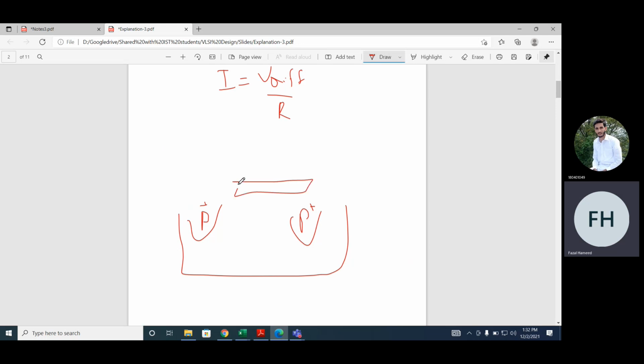And for the gate, V gate, the channel will be formed when V gate is 0 or 1? 0. For the PMOS channel formation, it will be 0. So when V gate is 0, then the channel will be formed between the source and the drain.